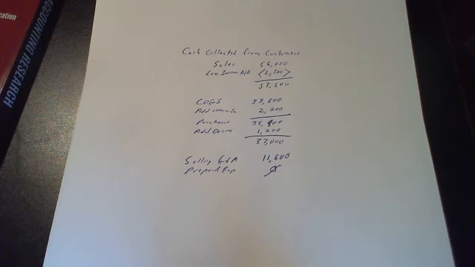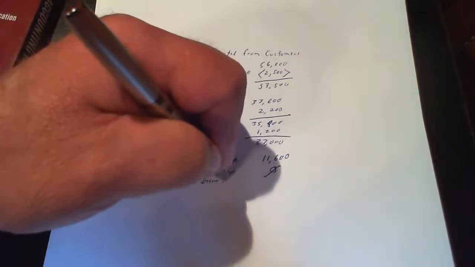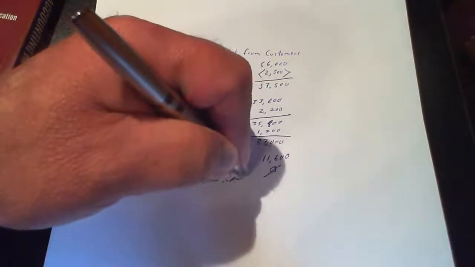Accrued expenses, we were at 6,550 and we're now at 6,700. So that would be an increase of $150. So we would less the increase in accrued expenses, 150, and we should be done.